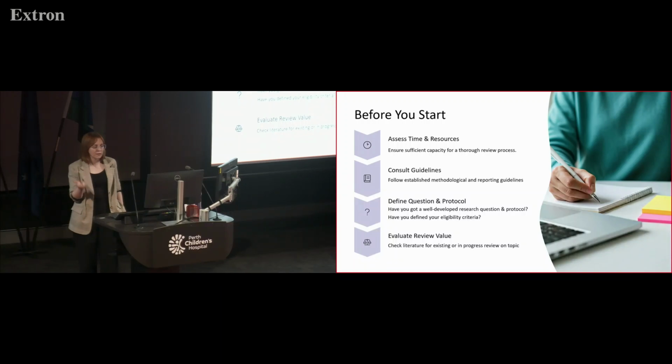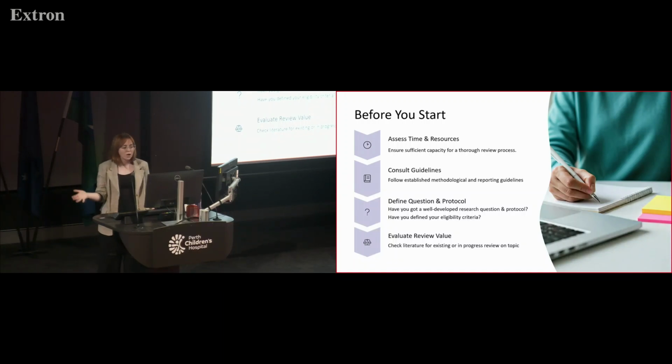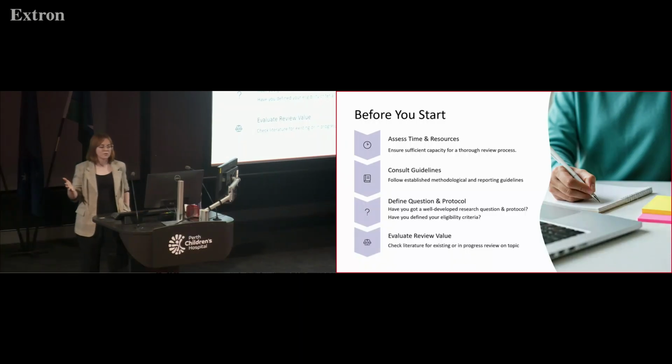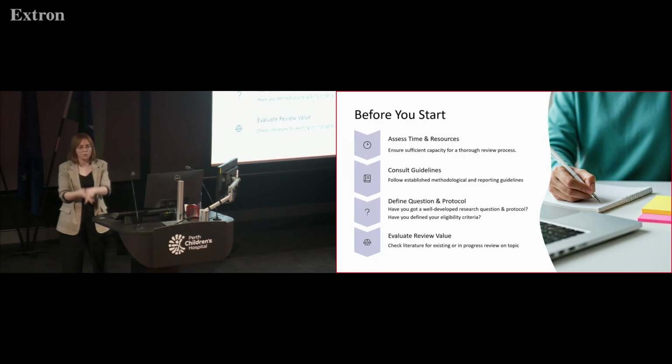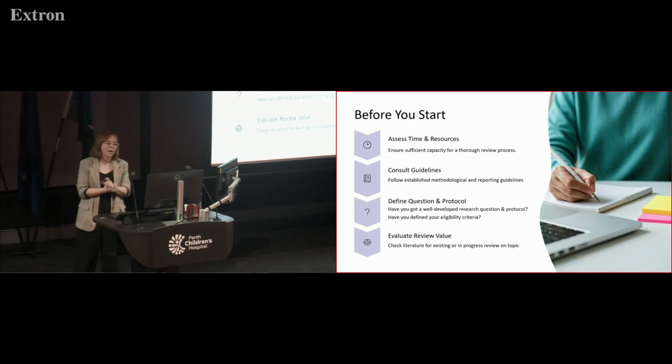Reviewing the existing literature can not only help to avoid duplicating research, but it can also help you to check for studies on the same question to further refine your question, or find on-topic papers that you can use in your reference set for your search.